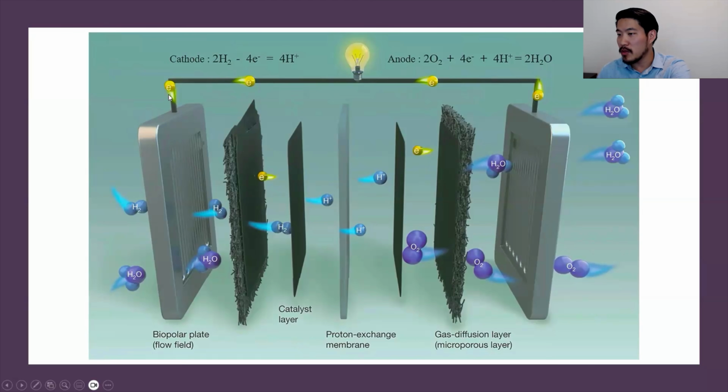The electron will go through a different conduit, power whatever you're trying to use, a car or a light bulb. And then the proton and the electron will combine back together and hit the oxygen in the air and form water, thereby not having any CO2 emissions, which is what we would like to see, and which is one of the mainstays of the hydrogen economy.